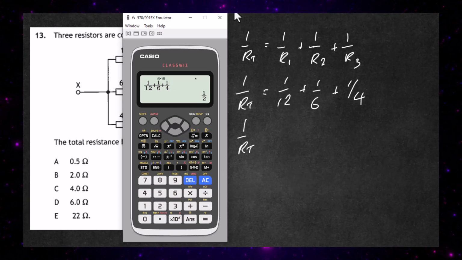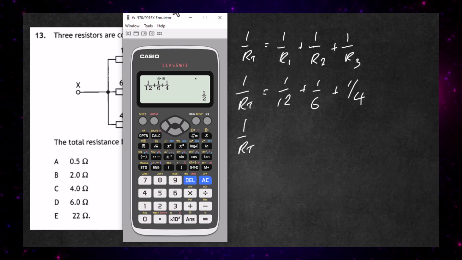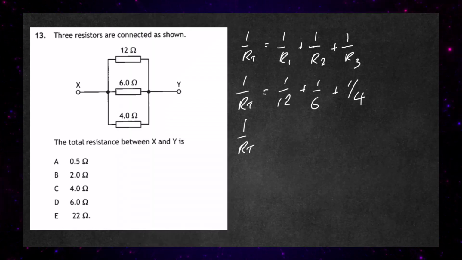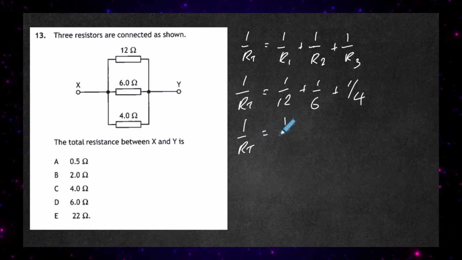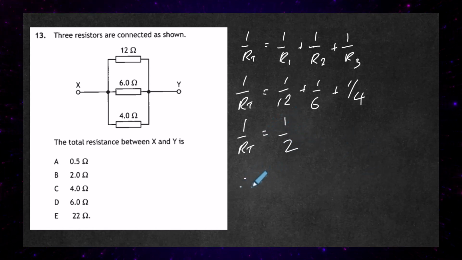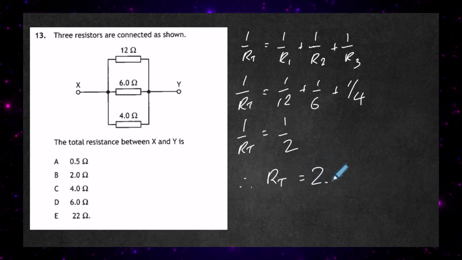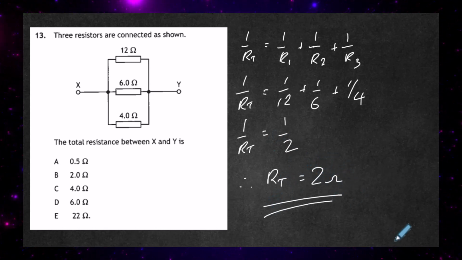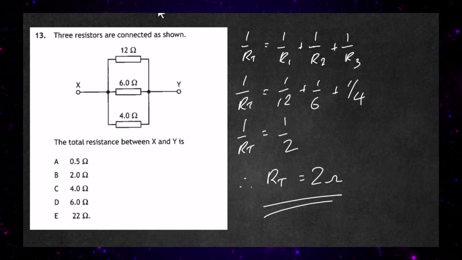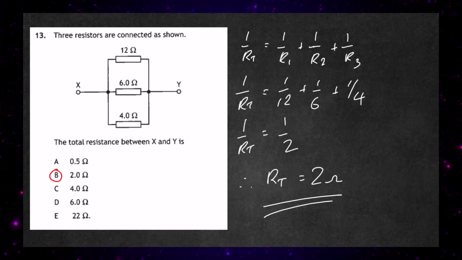So we now know that 1 upon RT is 1 upon 2 from our calculator. We don't need to do anything else from that, and therefore we can just invert and say that the total resistance, if we flip things over, has got to equal 2 ohms, and that's just using the calculator method. So the answer to that question has got to be 2 ohms, and it's got to be 13B.